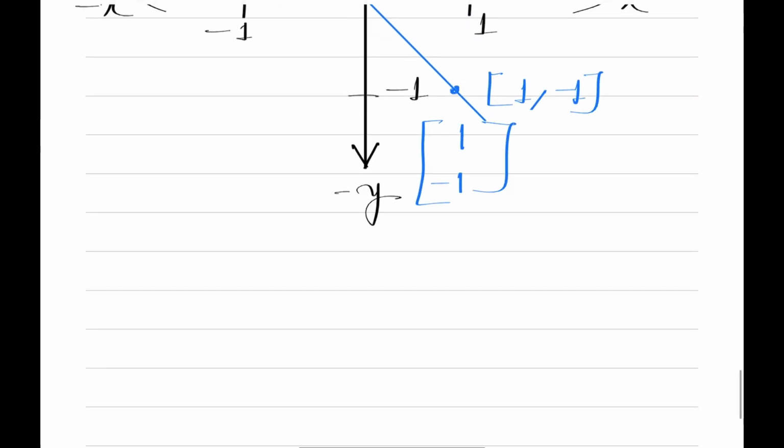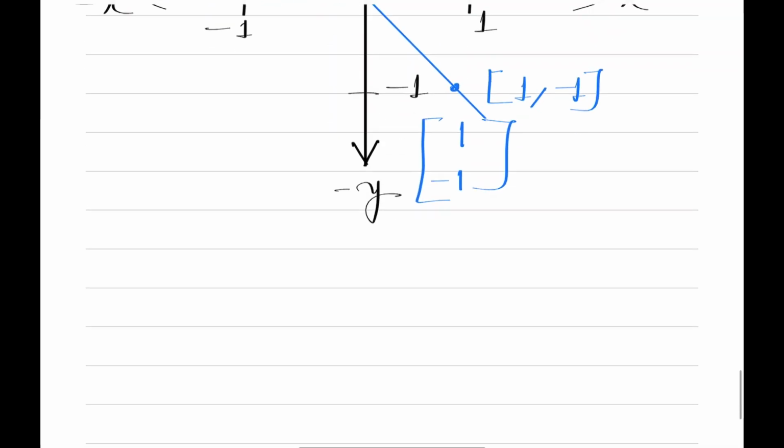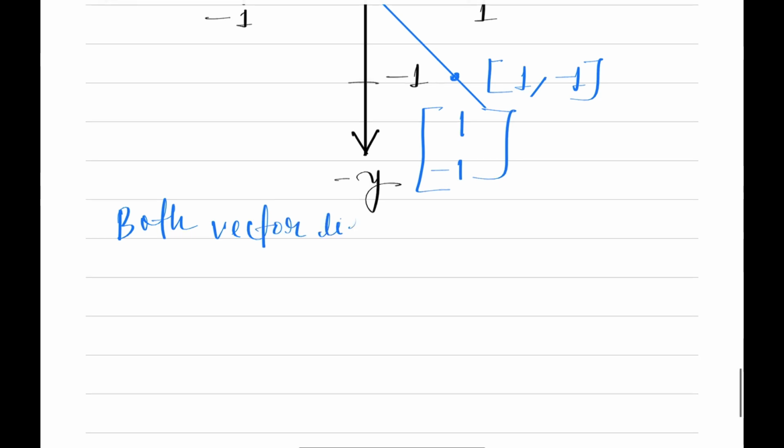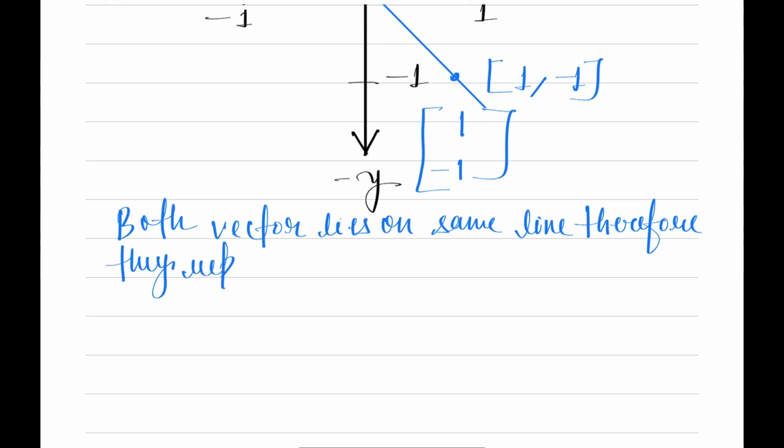So they both represent, both vectors lie on the same line, therefore they represent the same eigenvector.